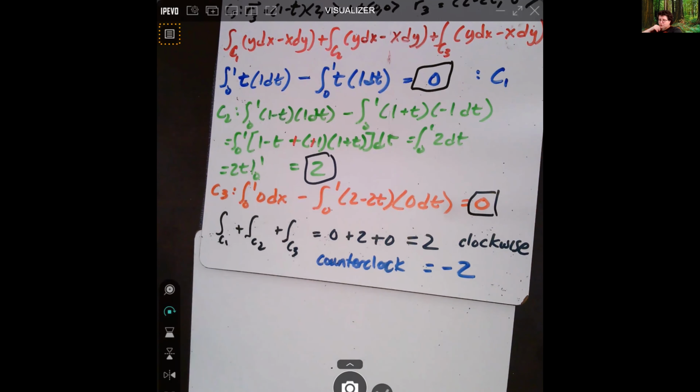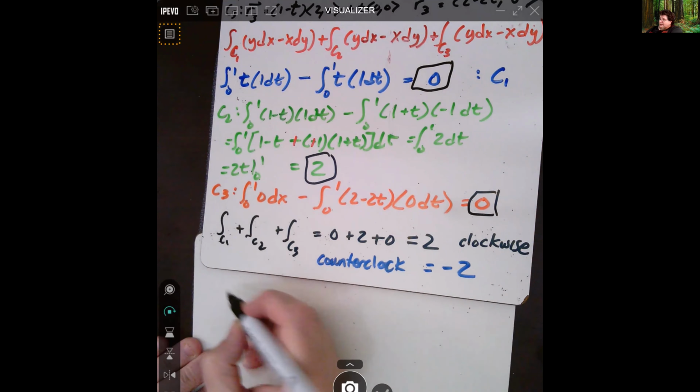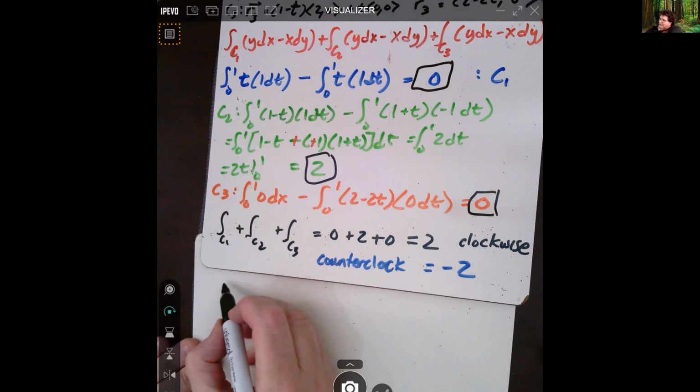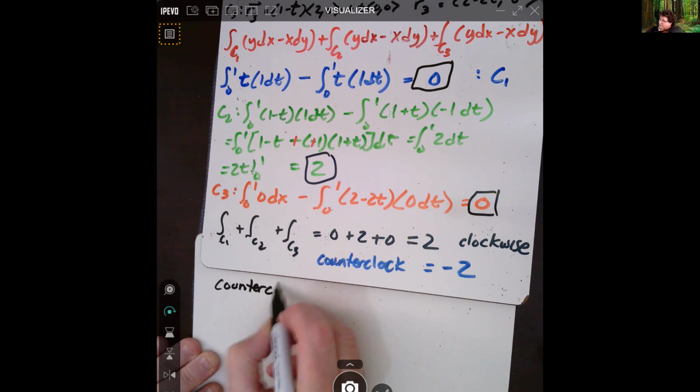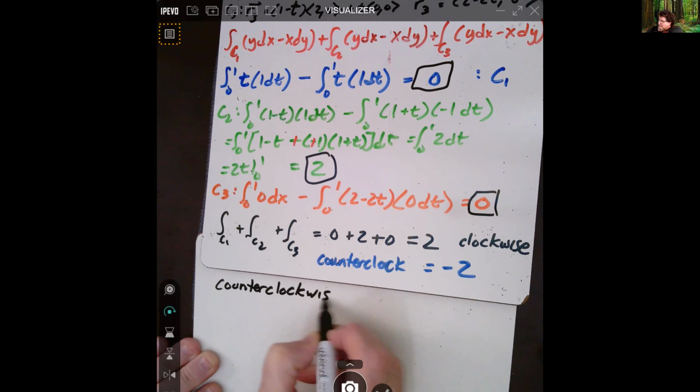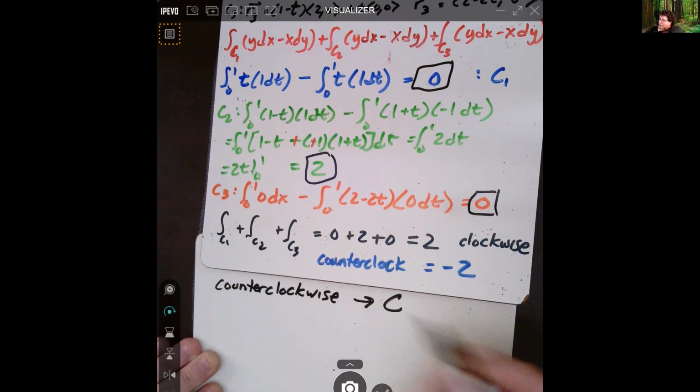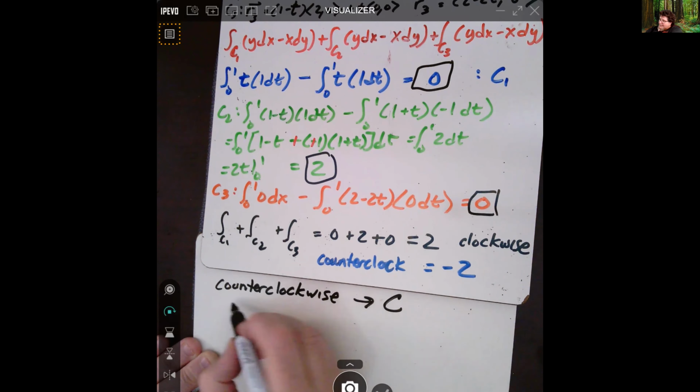The takeaway from this is you will notice if you check component by component, if C1, let's say counterclockwise, was going forward, that's our curve.